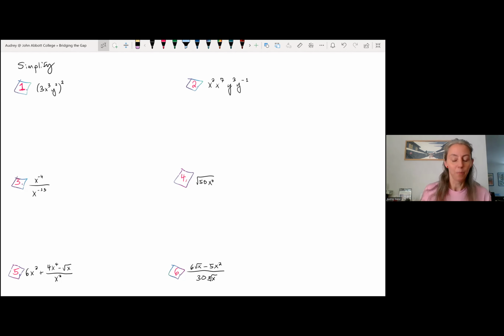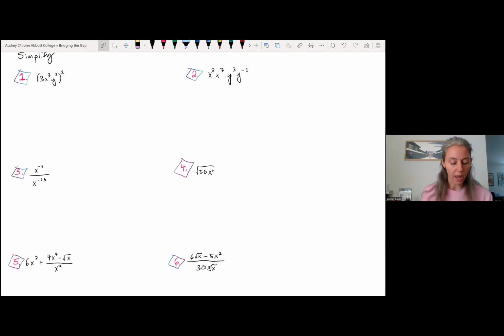All right, let's go. So in this first question, we have (3x cubed y squared) all squared. So we have a rule that tells us that this 2 right here can be distributed inside to each of these things. In other words, this is the same thing as 3 squared, (x cubed) squared, (y squared) squared.